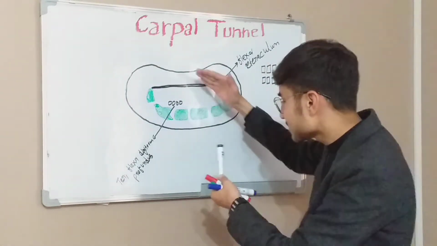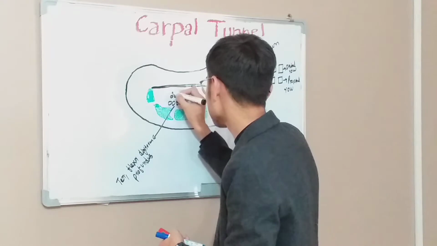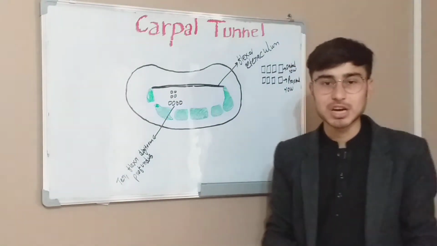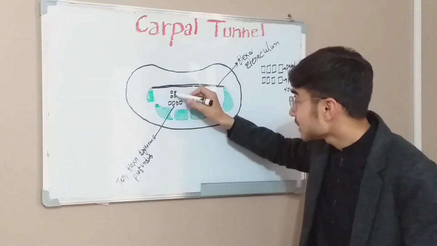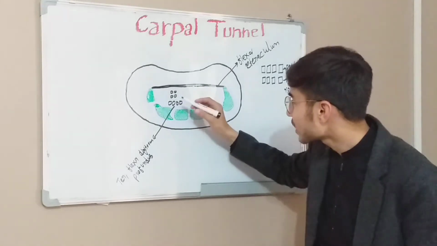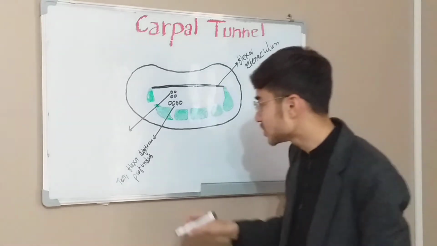And superior to these tendons, we have the tendons of the flexor digitorum superficialis, right? But the tendons of the flexor digitorum superficialis are arranged in the form of 2 rows, right? One we have the superficial row and one we have the deep row, right? So these 4 are basically indicating the tendons of the flexor digitorum superficialis.